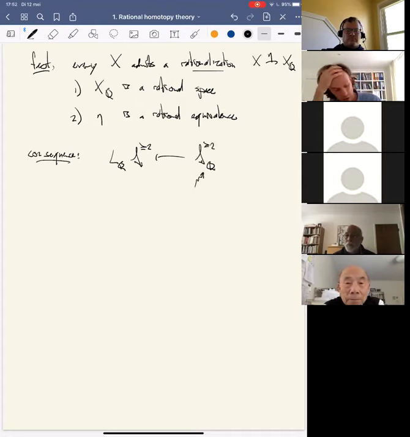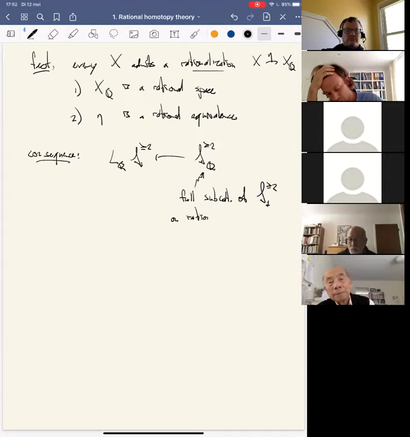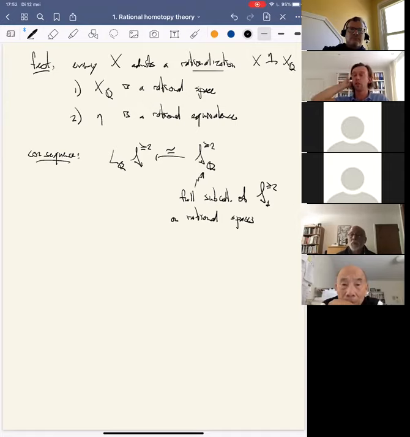I'm writing this for the full subcategory of all simply connected spaces on the rational ones. So there's an evident functor from right to left, and this is an equivalence. So I can realize this localization of homotopy theory as a full subcategory of the original homotopy category.